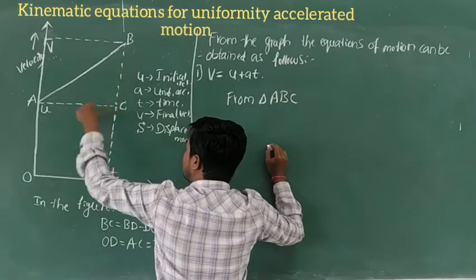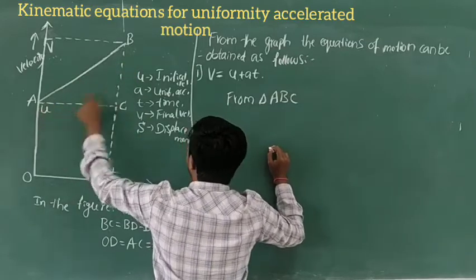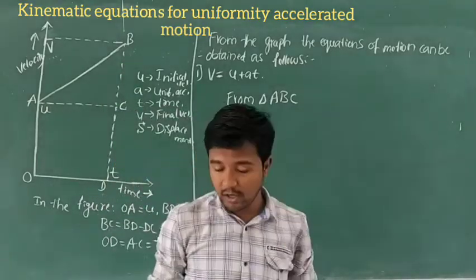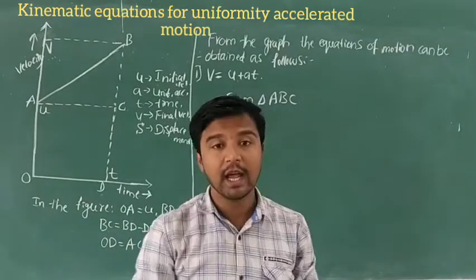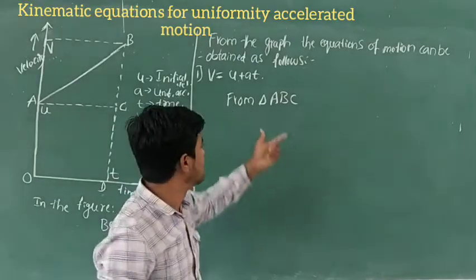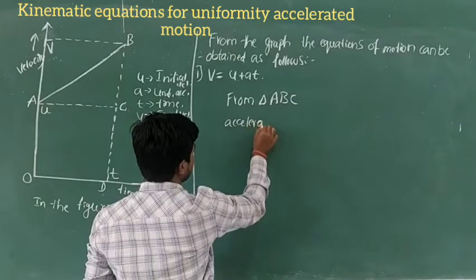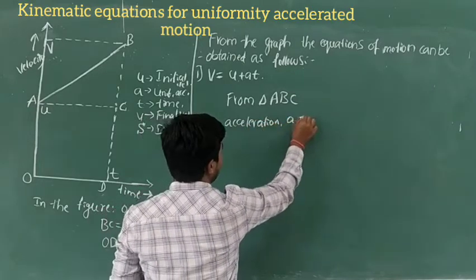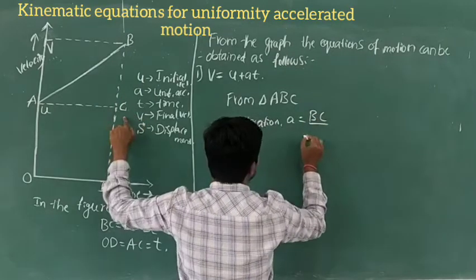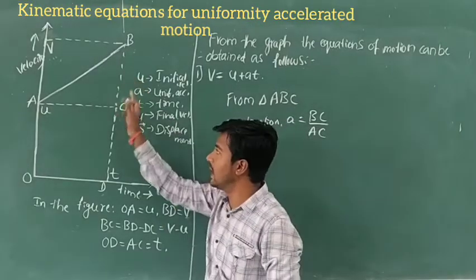We use the triangle ABC to calculate the acceleration in this graph. From the triangle ABC, acceleration A equals BC divided by AC.